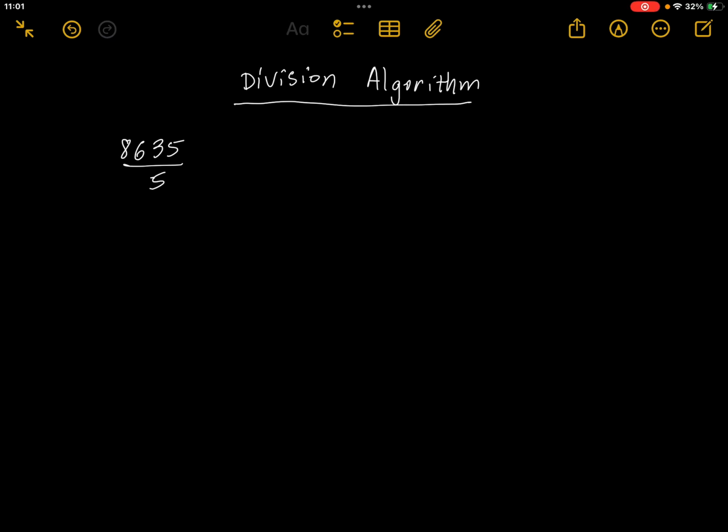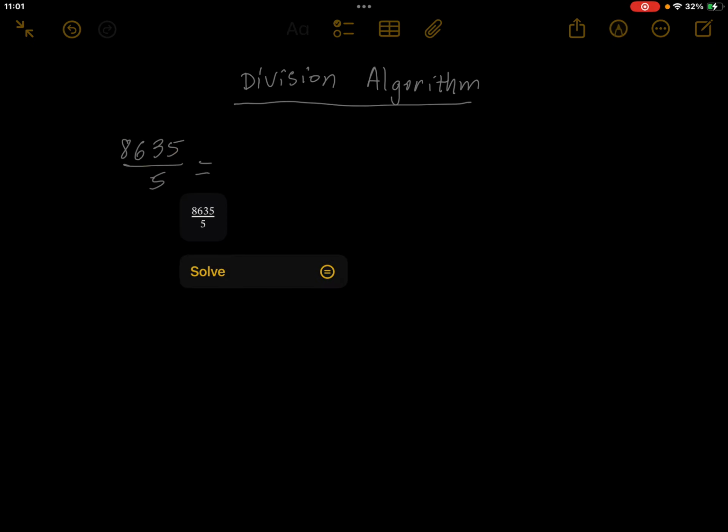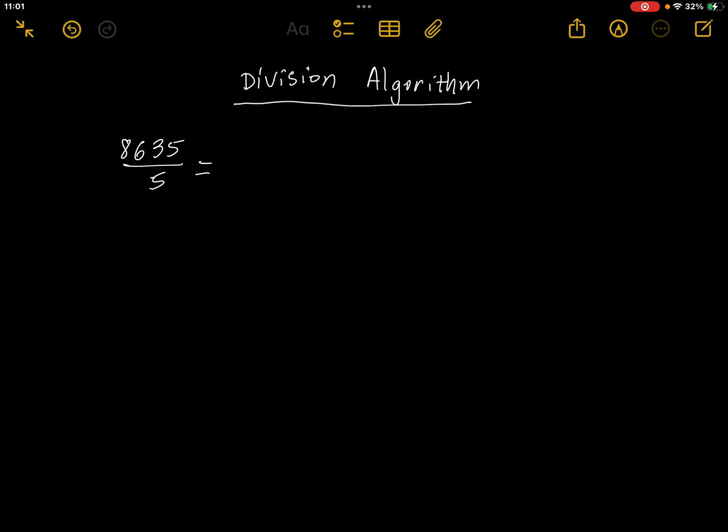First of all, let's get an idea of how many digits this number is going to have. If I do 8,635 divided by 5, how many digits would I expect the number to have? It'll have 4 digits because 8,635 is more than 5,000, right?